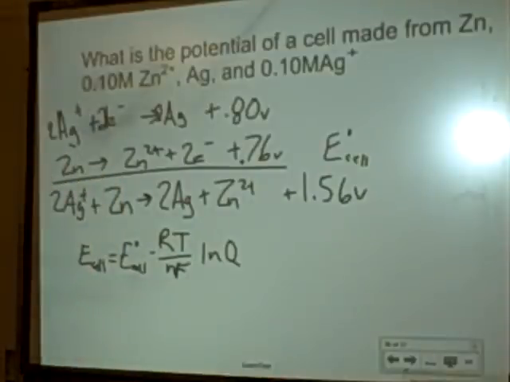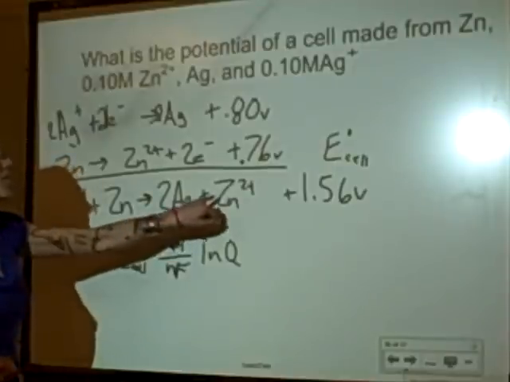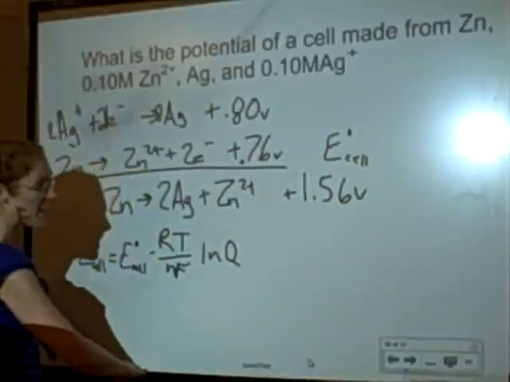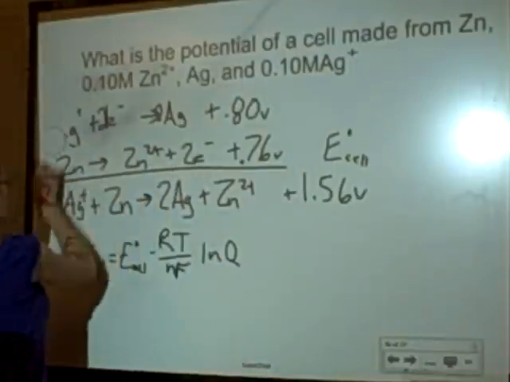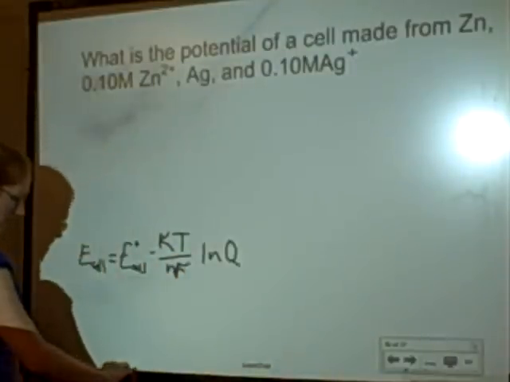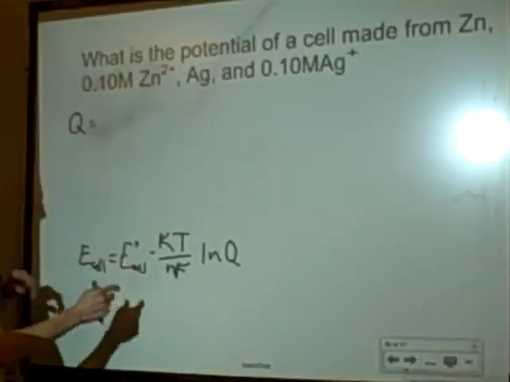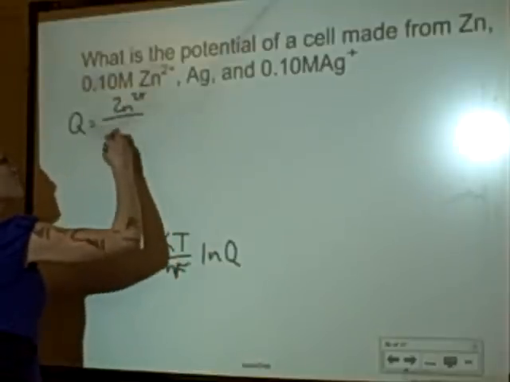All right. Actually, we have to figure out what the Q is going to be. So I have my balanced equation. I'm going to leave the solids out because in equilibrium expressions, I just use gases and aqueous things. So my Q is going to be the zinc 2+, because that was my product, over my silver.